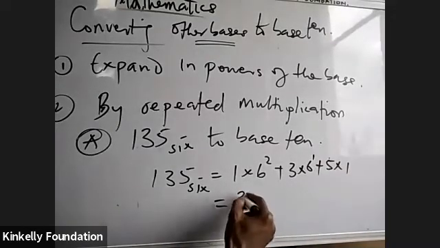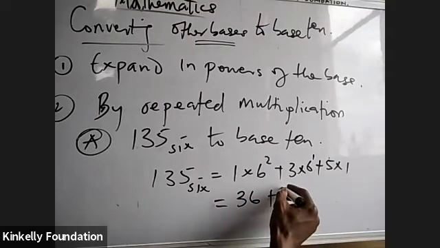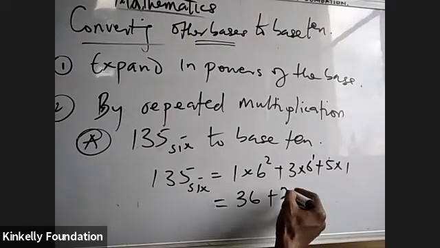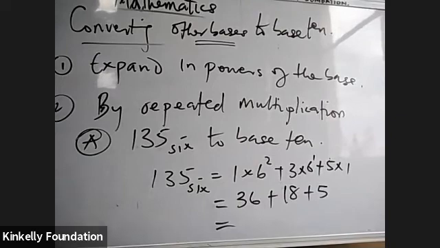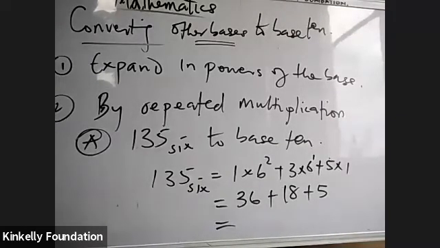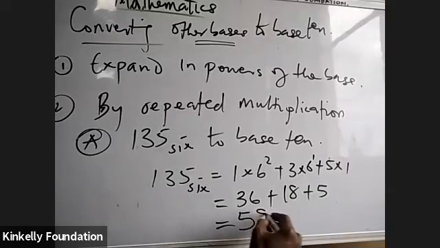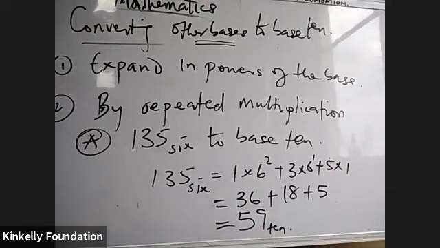So this is 36 plus 18 plus 5. When you evaluate this, you're going to get an answer in base 10. This is 54 plus 5, which gives us 59 base 10.